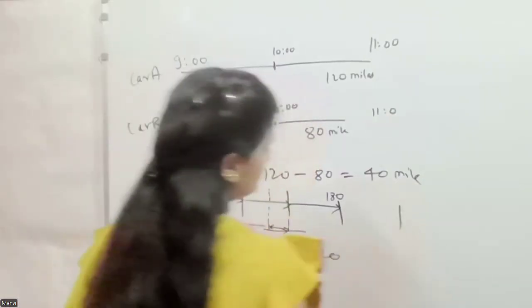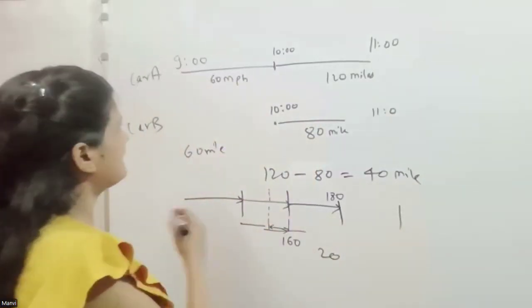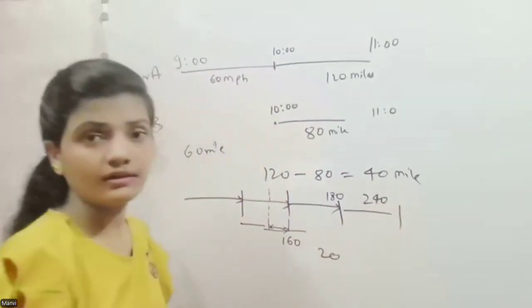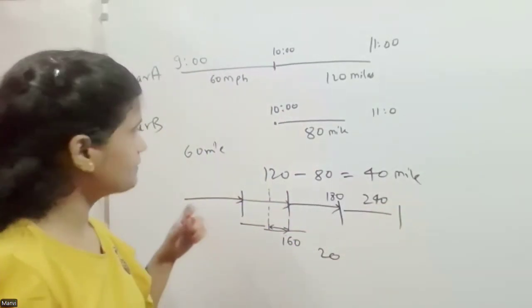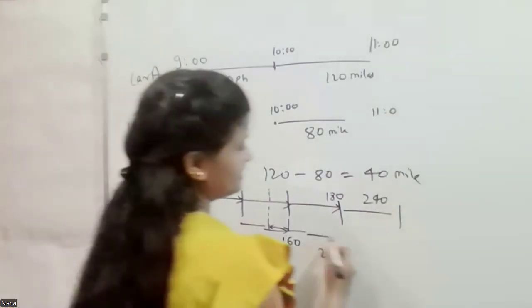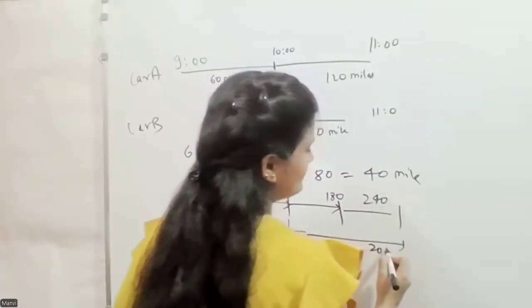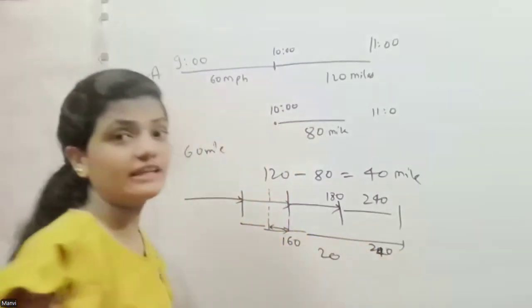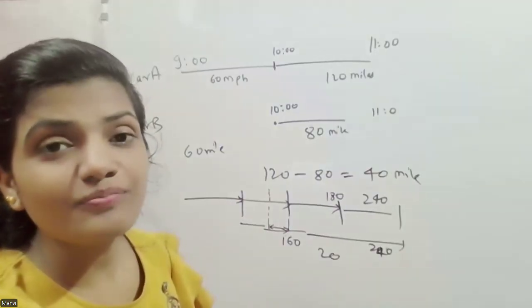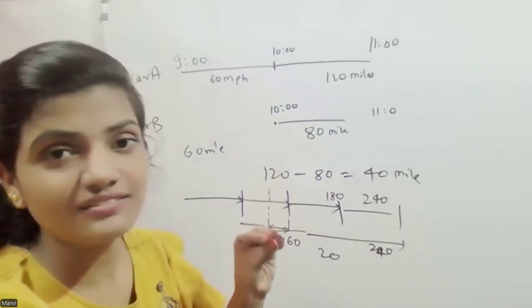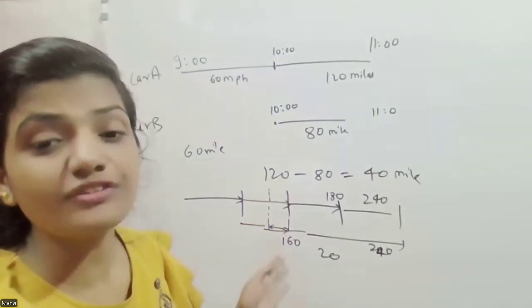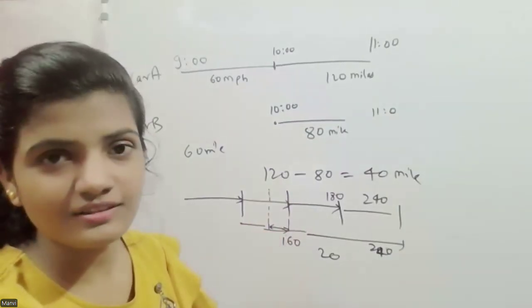Now in the fourth hour, A travels 240 and car B also travels 240. So they may ask a question like this, at what time do they both meet? You can say after 4 hours.